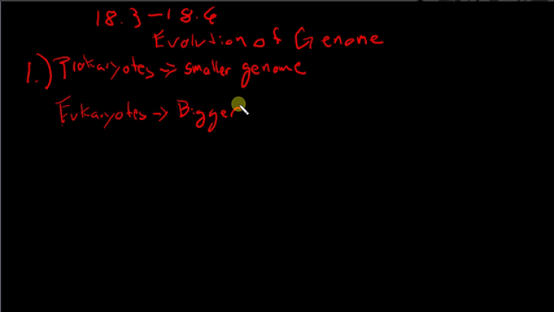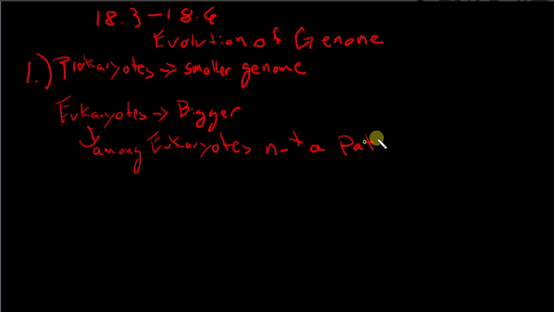However, among eukaryotes, there's not much of a pattern. What do I mean by that? I mean that things like fruit flies have a longer genome than humans, or things like cacti have a longer genome than humans.